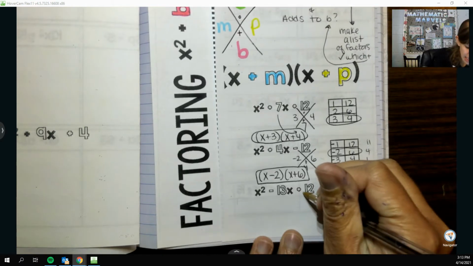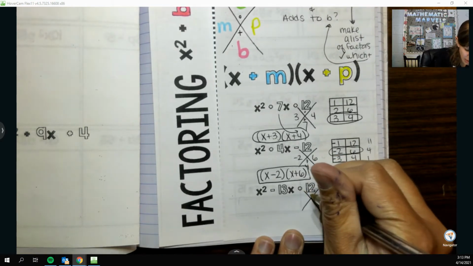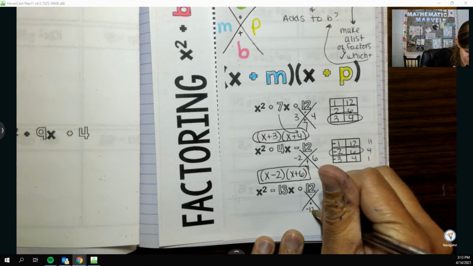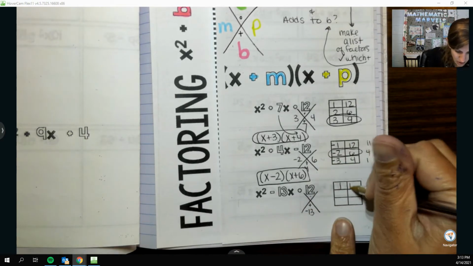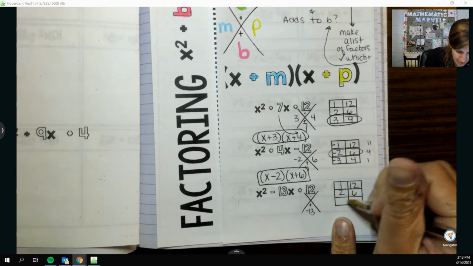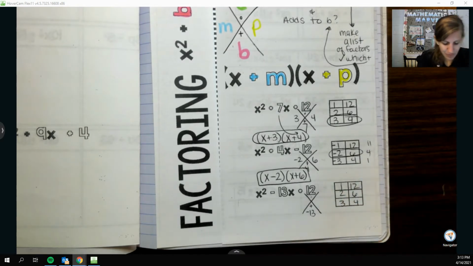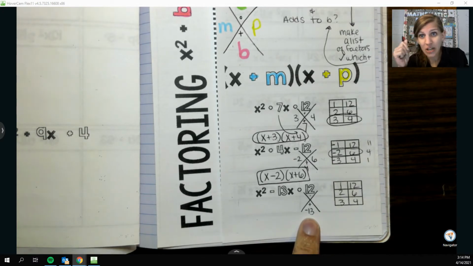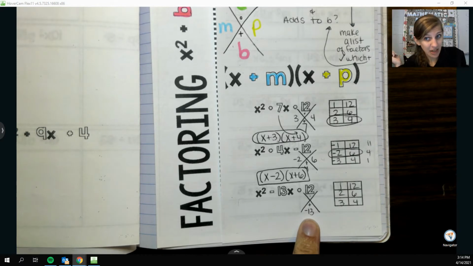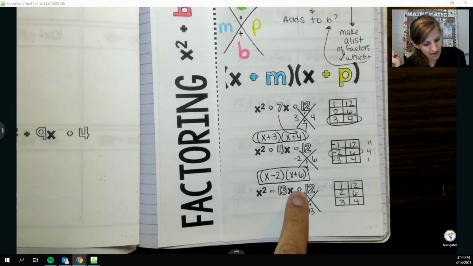Last but not least, one multiplies to 12 and adds to negative 13. So same numbers still multiply to 12. 1 and 12, 2 and 6, 3 and 4. But what's curious here is that my sum is a negative number, but this is a positive number.